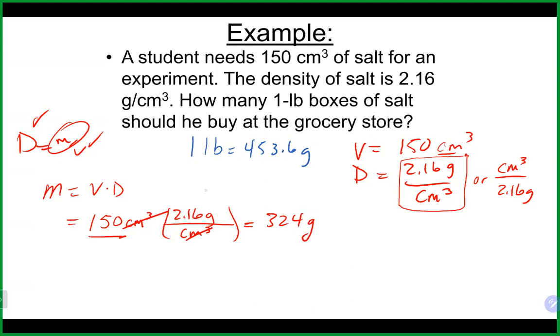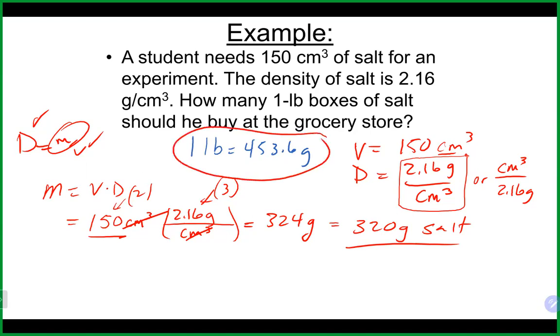Sig fig wise, I got 3 sig figs there, but I really have 2 sig figs, which means something like 320 grams of salt is needed. That also is important to answer the question. Since 1 pound is 453.6 grams, you just need 1 box. That would work, and you'll have some left over as well.